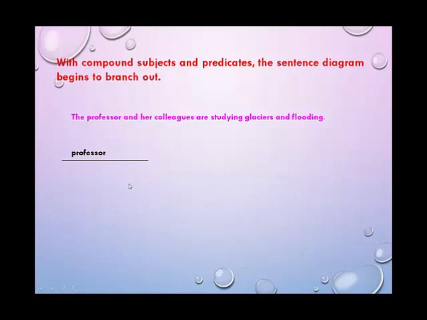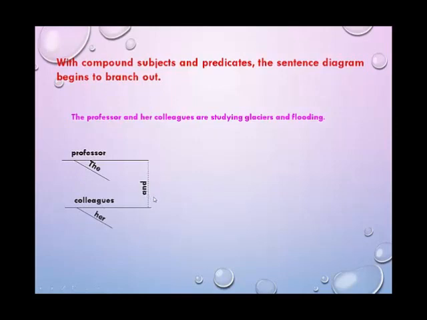Then we branch out two lines in order to write on the first one one of the subjects. In this case, one of the nouns is professor, and it is modified by the article the that goes under professor on the slanted line. Then the other noun is colleagues, and the word her modifies colleagues. Then both nouns are joined by the conjunction and.